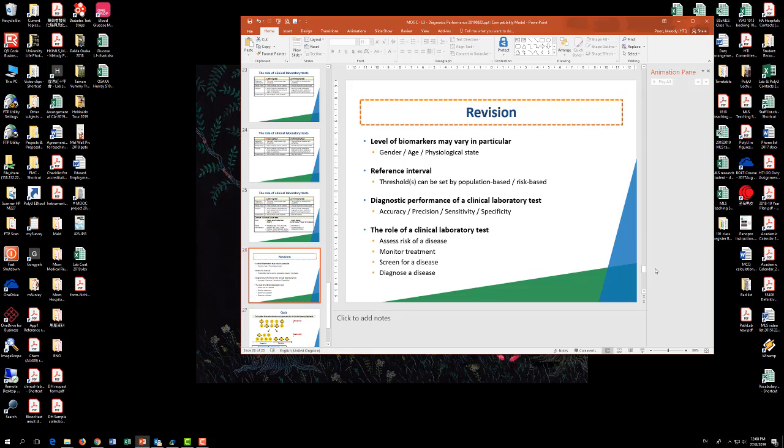To check whether the test result is reliable, we have to consider the diagnostic performance of the test, whether it is accurate, precise, sensitive, or specific. And the role of the laboratory test is to assess the risk of a disease, to monitor a treatment, to screen, and also to diagnose a disease.